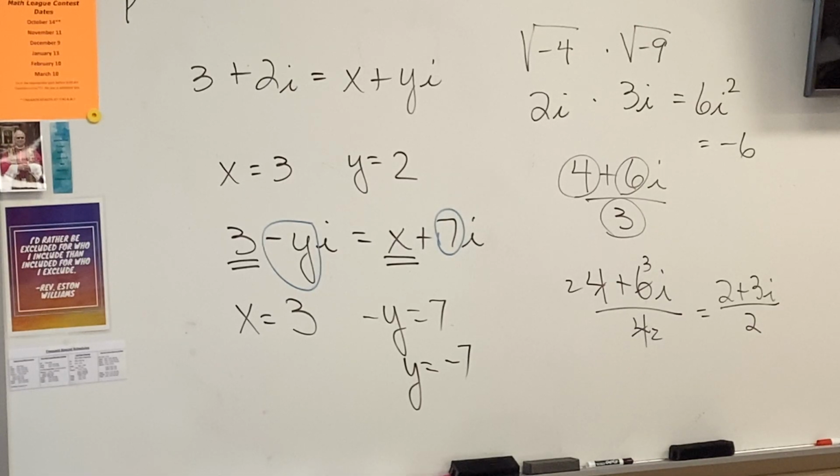How about B? What do you think's happening in B? Associative of multiplication. C looks an awful lot like B, but it's different because what's happening in C? Commutative, yep, commutative. Think of commute, moving.